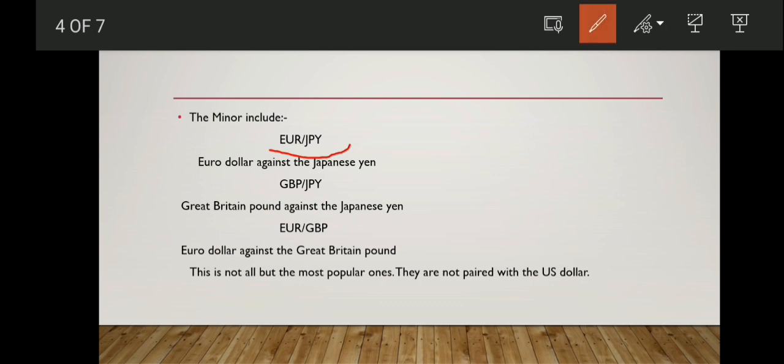In this first example, euro yen, the euro is the first currency, so it is called the base currency. The yen, which is the second currency, is called the quote currency or the counter currency. In this second example, the pound is the first currency, so it is called the base currency. The second is called the quote currency or the counter currency.